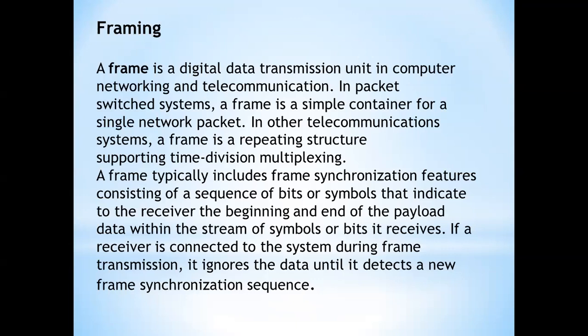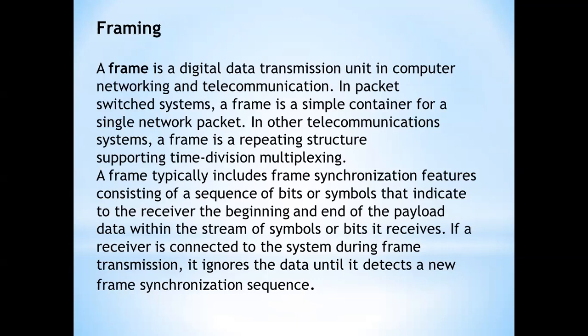In bit stuffing, the sender's data link layer detects the presence of 5 consecutive ones in the data stream and automatically stuffs a 0 bit into the outgoing bit stream. Thus, 6 consecutive ones will never appear in the data stream. Hence, there is no chance of misinterpretation. This is called bit stuffing.